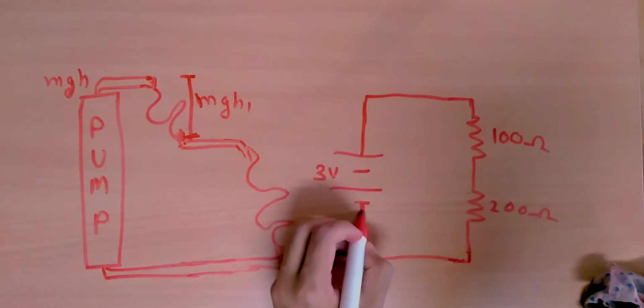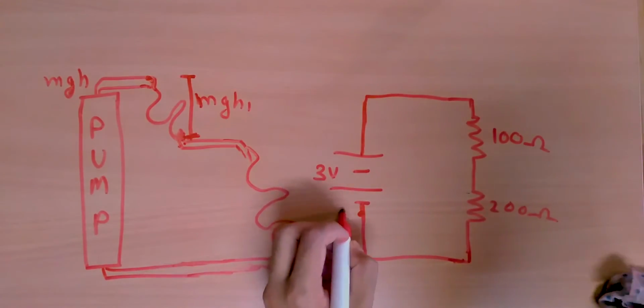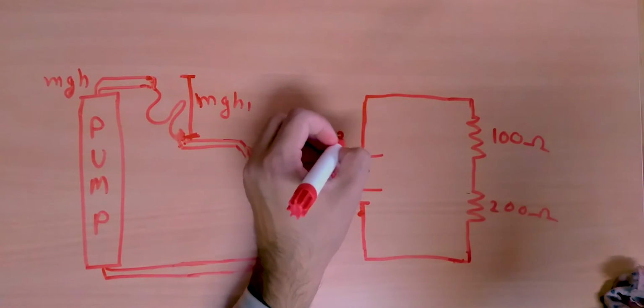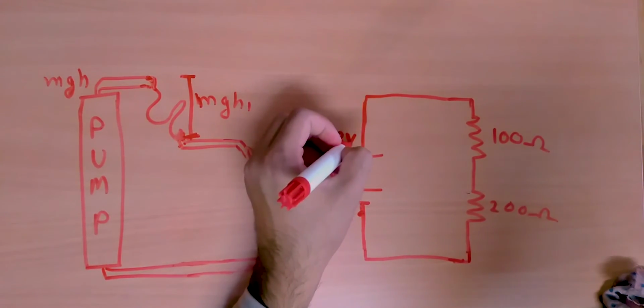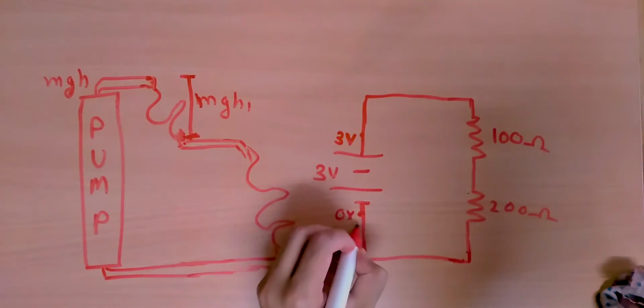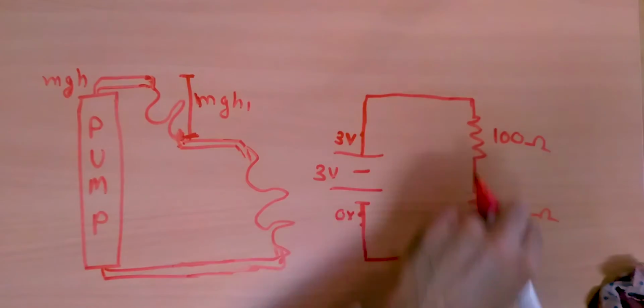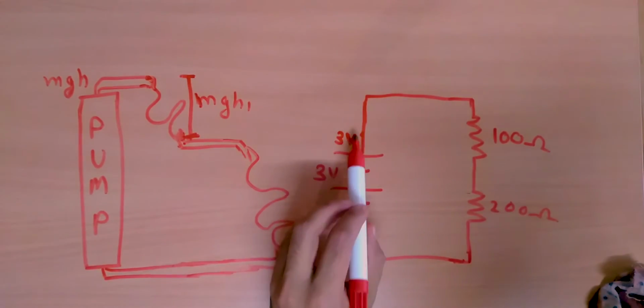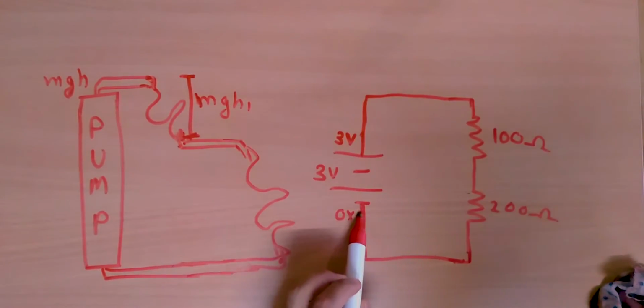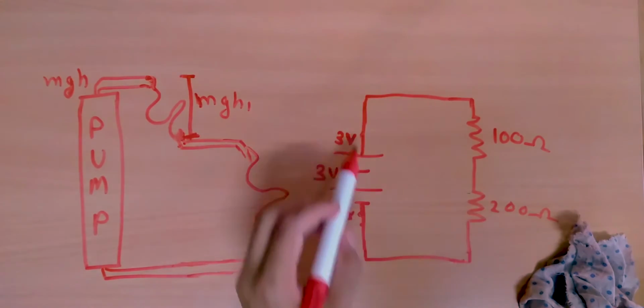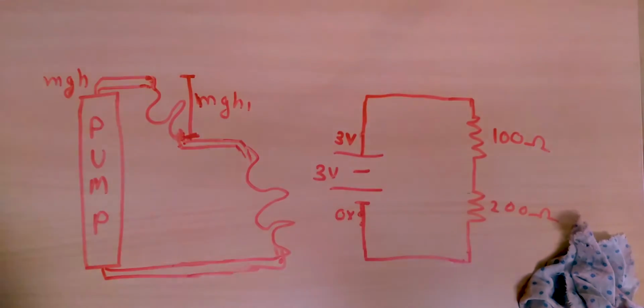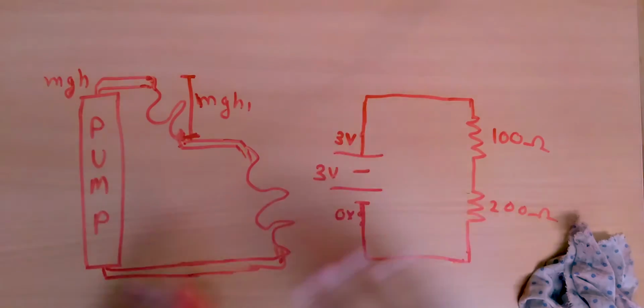Similarly here, this point is at zero potential, this is at a potential of 3 volts, and for some charge to move from here to here, even if it moves through 1 ohm resistor or such large resistances, as far as it goes from 3 volts to 0 volts, the change in the potential of that charge is simply 3 minus 0, which is 3 volts, and that is why the drop in potential is 3 volts.